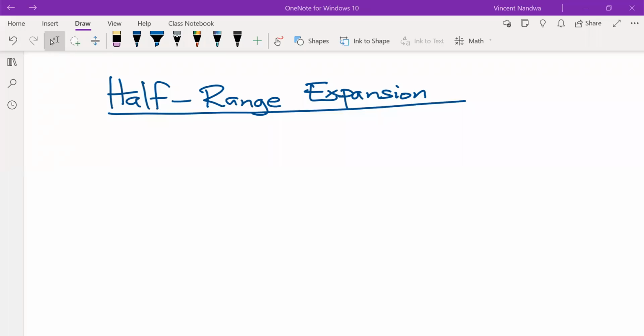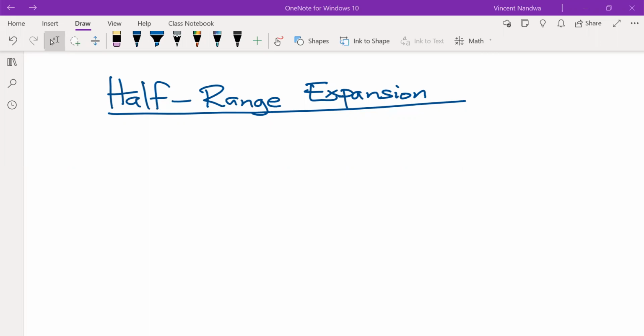Welcome back. So we are going to discuss half-range Fourier series expansion. In many cases, we may find that the function whose Fourier expansion we want is only defined in the interval 0 to pi.